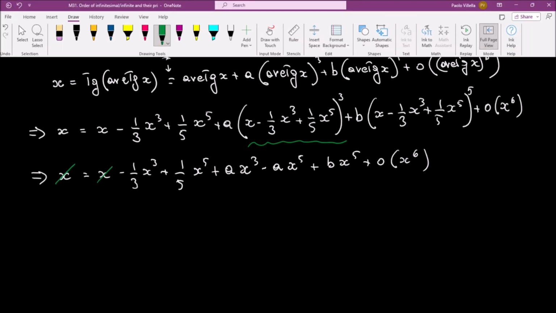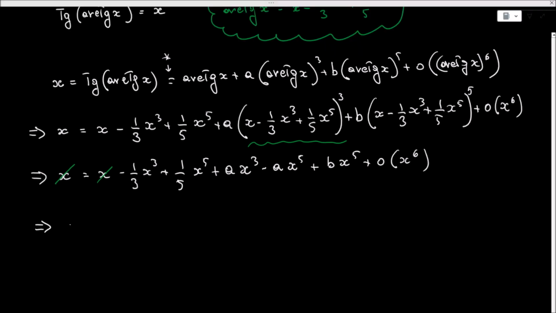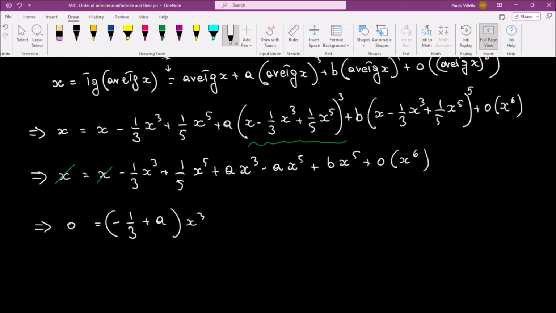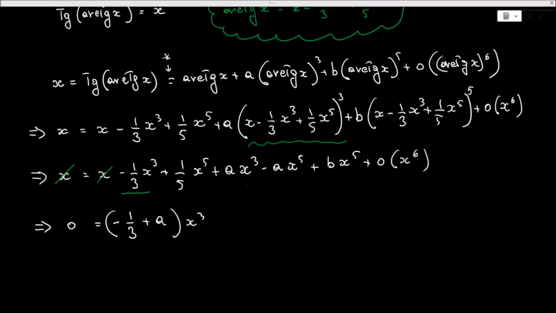What we have is that 0 is equal to minus 1/3 plus a times x to the third, considering now these two elements, and then we have plus 1/5 minus a plus b times x to the fifth plus little o of x to the sixth.